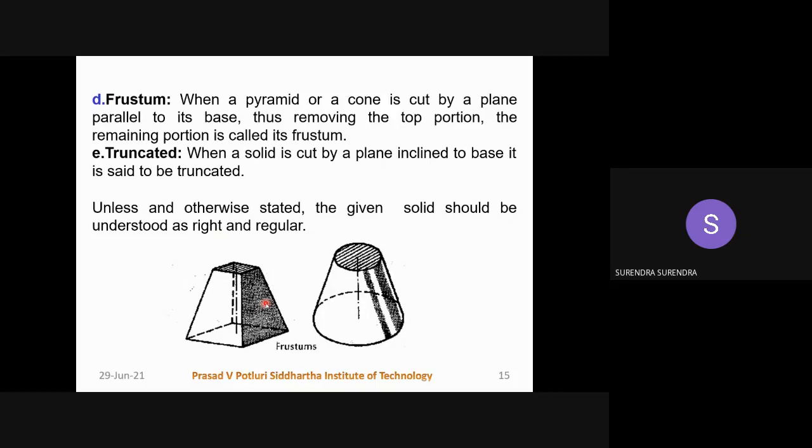The variation between truncated and frustum is that if the cutting plane surface is perpendicular to the axis, we call it a frustum. Otherwise, if the cutting surface is inclined to the axis, we will call them truncated. If the cutting plane is inclined to the axis, we say truncated; if perpendicular to the axis, frustum. In sections of solids, we are going to draw projections for these types of solids.